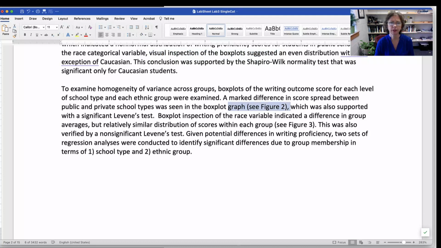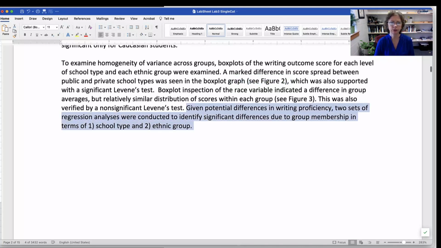You also want to let your reader know if you're including a figure, you tell them in the text. And it helps to move people along in your write-up to what's coming next, because next would be model testing. You can give your reader a heads up with a transition sentence telling them that you're going into model testing.